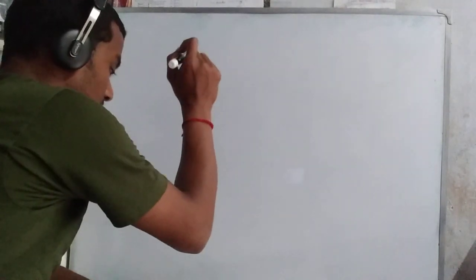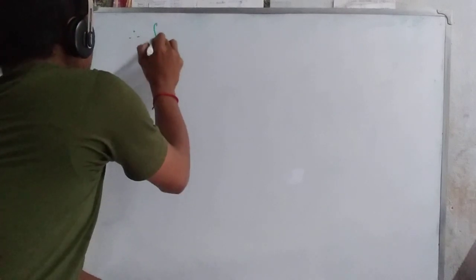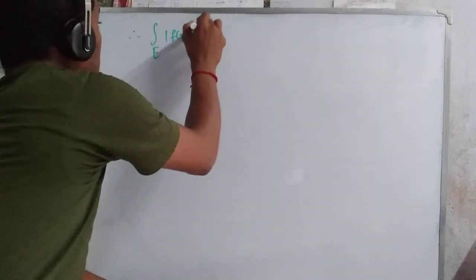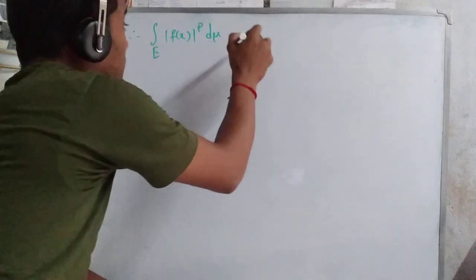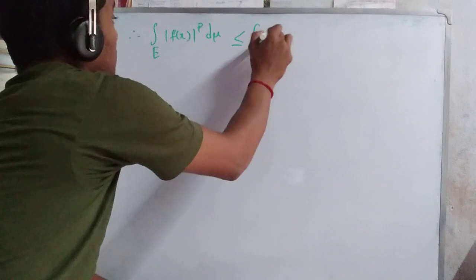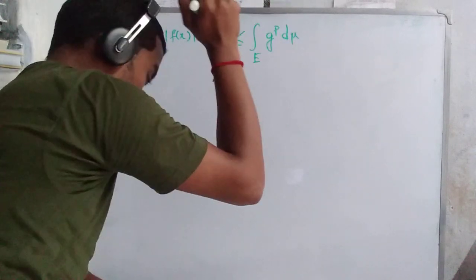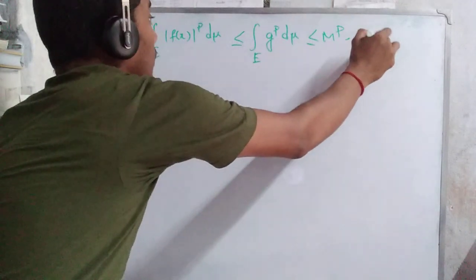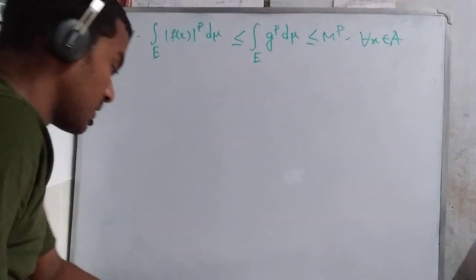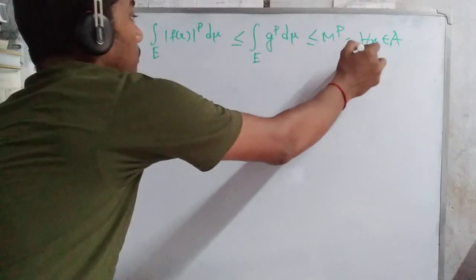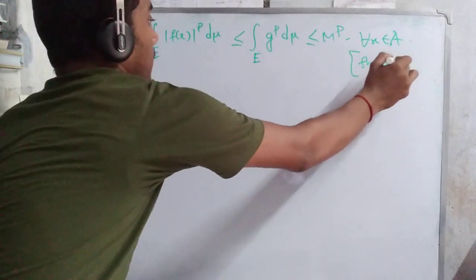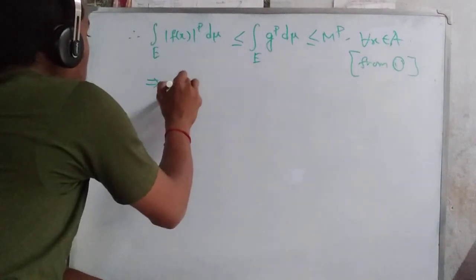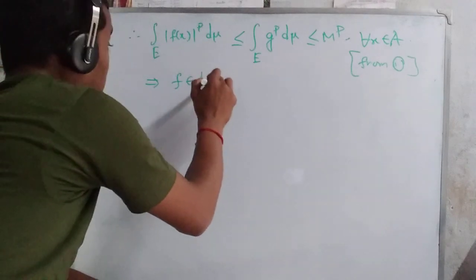Then we write here the integration over E of mod of f(x) whole to the power p d mu, less than or equal to the integration over E of g to the power p d mu, less than or equal to M to the power p for all x belongs to A, from 1. This implies that A belongs to L^p(E).